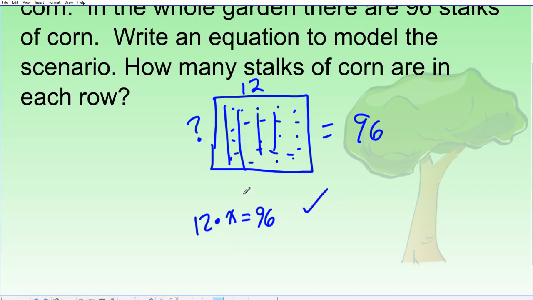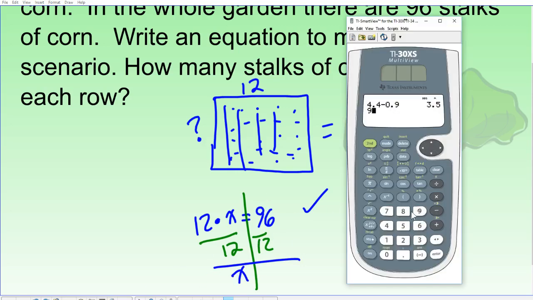Well, solve it. So in order to solve here, my variable is being multiplied by 12, so I need to divide both sides by 12. That's going to give me, well, 12 divided by 12 is 1x, and I don't need to put the 1. 96 divided by 12 is 8.